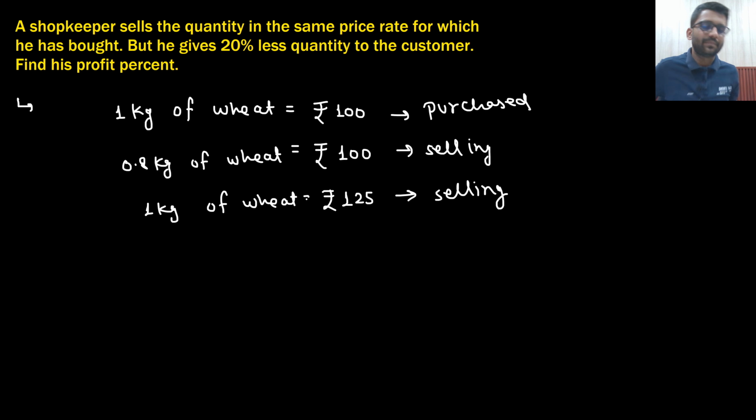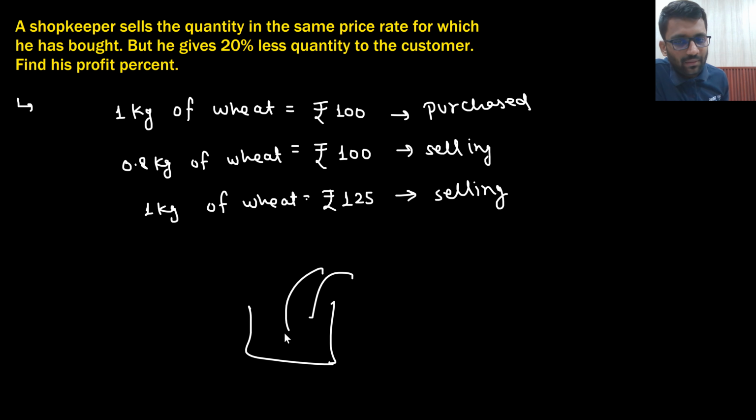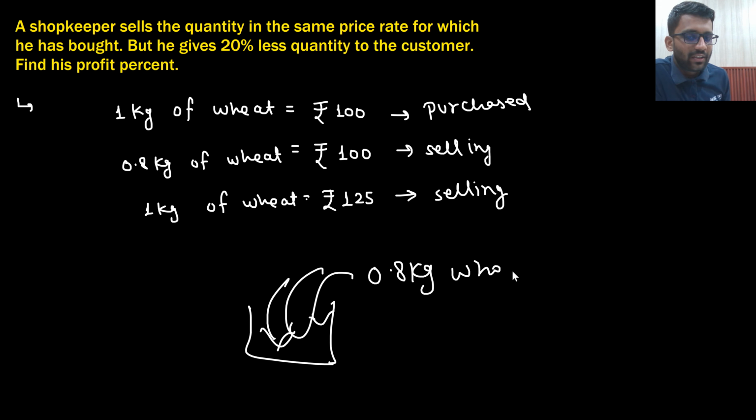Did you understand this point? 1 kg of wheat he was getting in 100 rupees. So he is selling at 100 rupees only, but he is giving 20% less quantity. That means he is giving 0.8 kg of wheat only. Now you will say that, sir, I'm just practically giving you a scenario like they will use some weighing machine where they will put 0.8 kg of wheat, but the reading here will give you 1 kg.